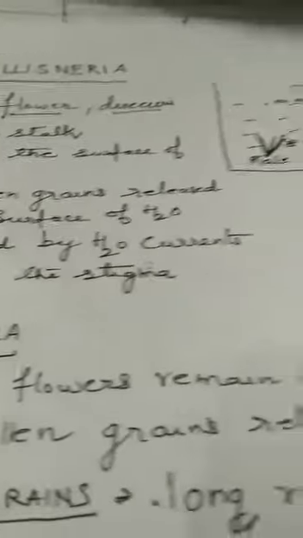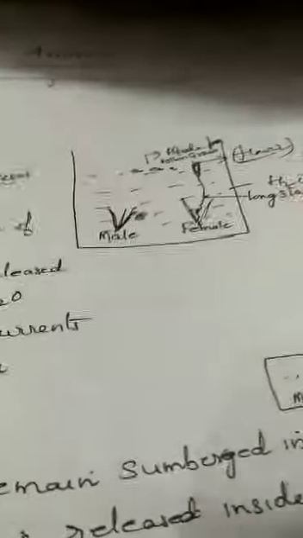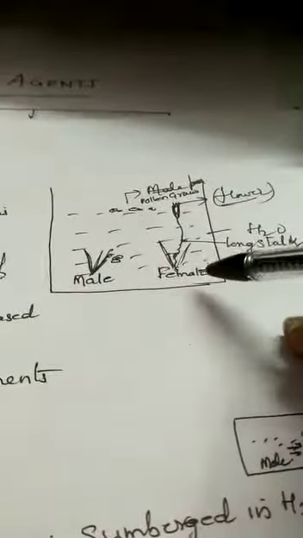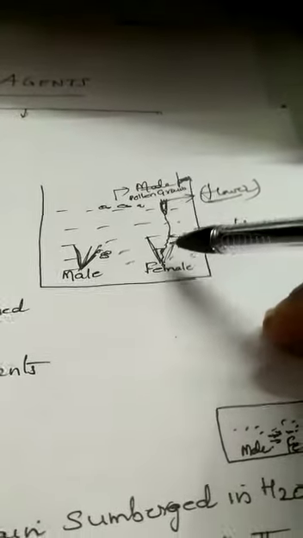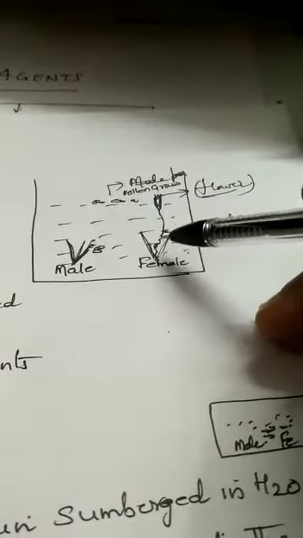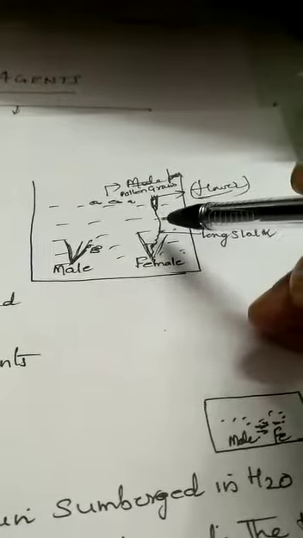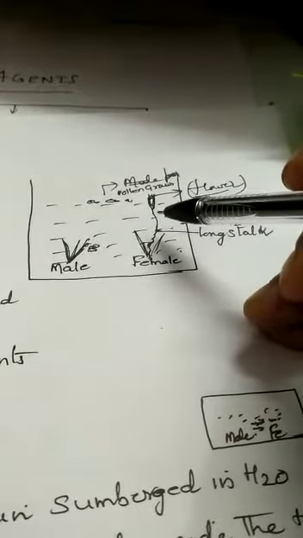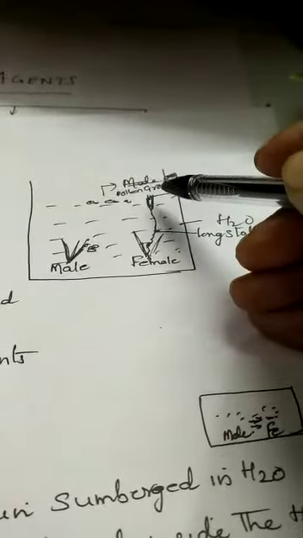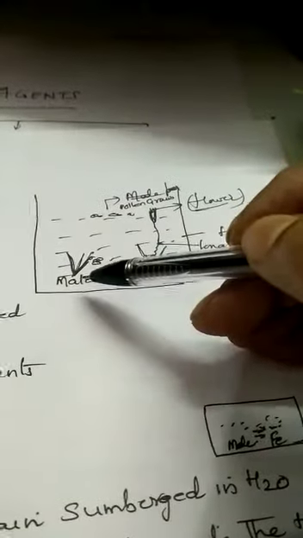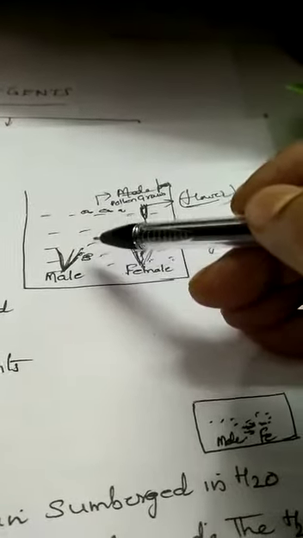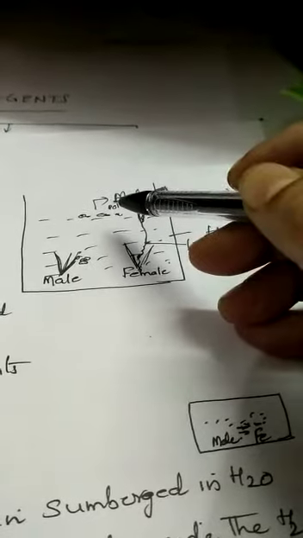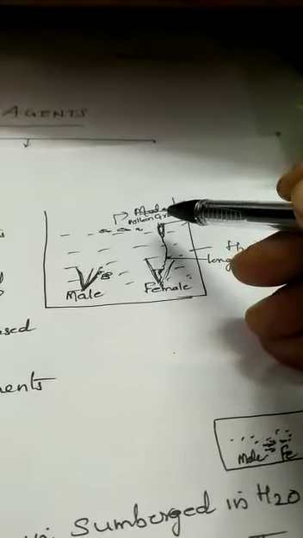Then it reaches the surface of the water. You can just have a look at this picture here. Here is a female plant with a flower. You can see some coils, and through these coils the stalk gets longer and reaches the surface of the water. Here you can see the male one, it will give out the pollen grains, and these pollen grains will reach the surface of the water, and then pollination is carried out.